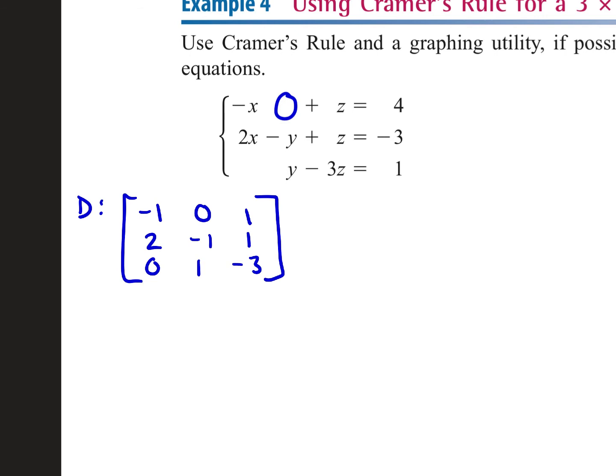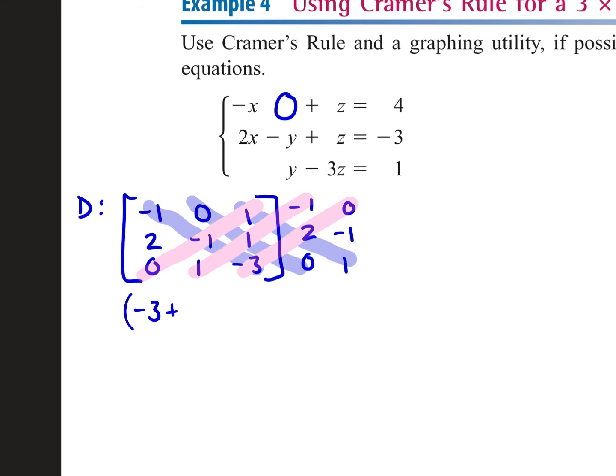So let's find the determinant. What do I need to do first to find the determinant? Rewrite the first and second column. So I have -1, 2, 0, 0, -1, 1. So we start off by multiplying the majors and adding them all together, and then minus the minors. So our first major is -1 times -1 times -3, which is -3.